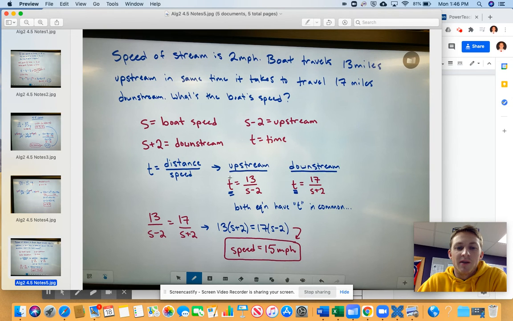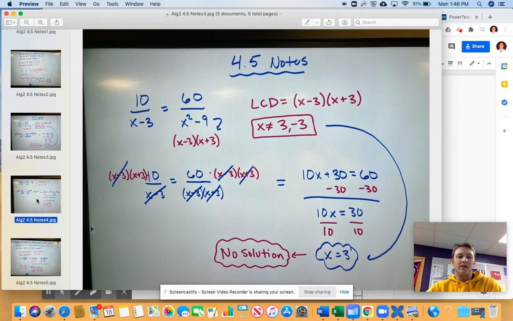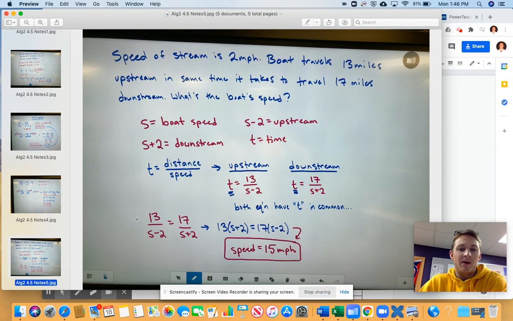So since they have t in common, we can just take their right sides of the equations and set them equal to each other, and then we are going to solve just like we did on either of these. So find the least common denominator, multiply them to the top, cross out what you know, and then just solve for the variable. And we see that the boat travels 15 miles an hour.